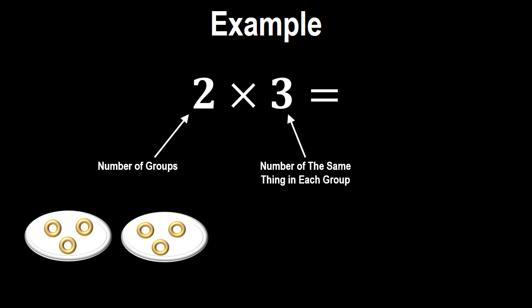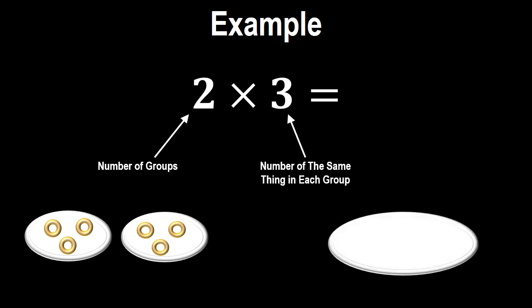So now, when we add all those donuts to form a collection of donuts, how many donuts will we have altogether? So let's find out. Let's say we get a bigger plate and we move all those donuts to that big plate, and while we move each donut, we'll count them one by one. So let's go.